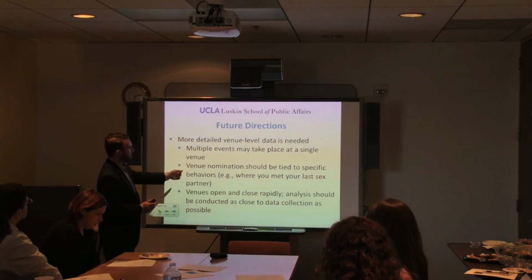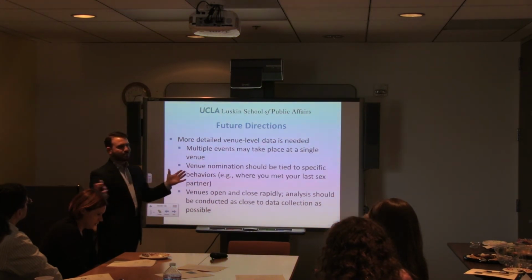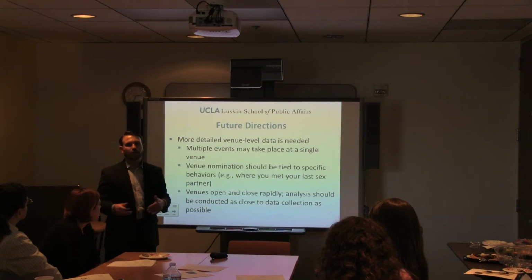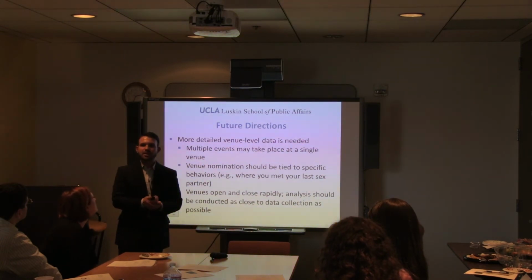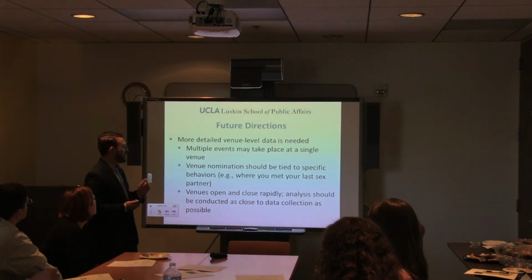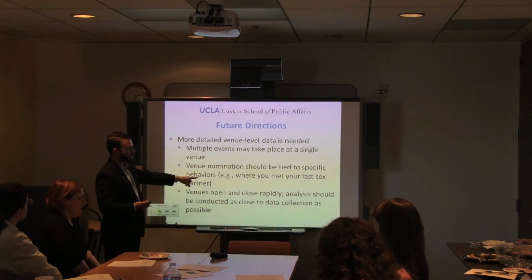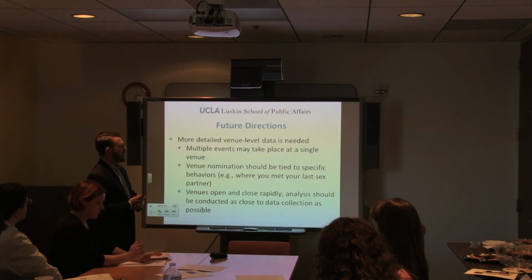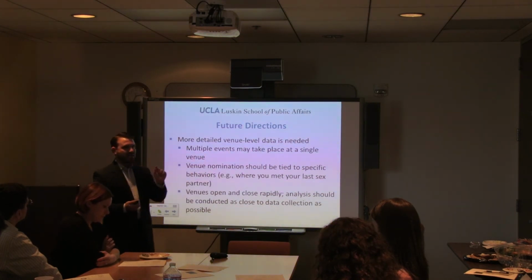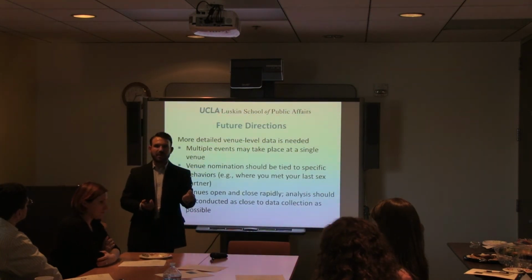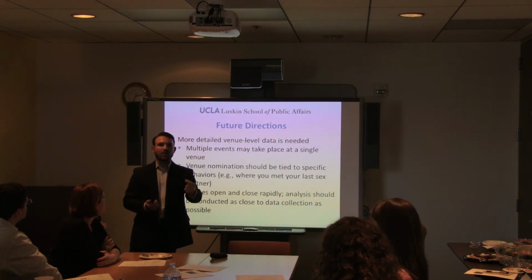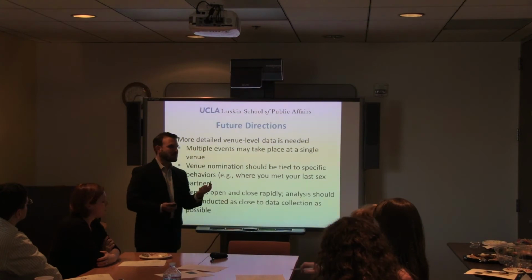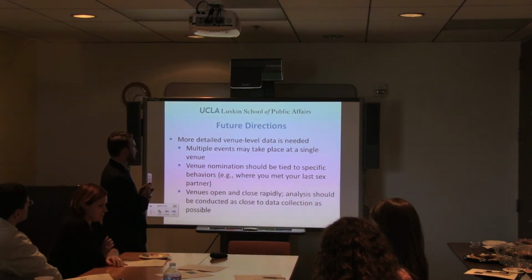The other thing that would be useful is, rather than giving this broad open-ended name generator about your favorite gay places to socialize, we could ask much more targeted questions, like the last place where a person met his or her sex partner, really to tie the venue location to a specific behavior, or the last time you went out and drank alcohol to excess, where was it? That level of detail would be interesting.